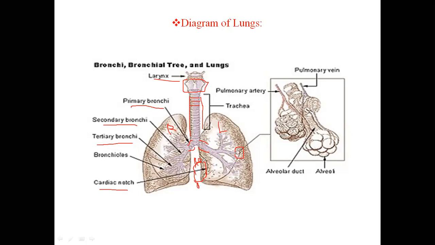Okay, so remember that into the lung, the deoxygenated blood, means the blood which doesn't have sufficient amount of oxygen, is carried by the pulmonary artery. Remember that deoxygenated blood is carried into the lung by pulmonary artery.